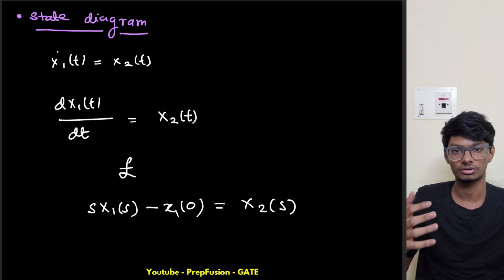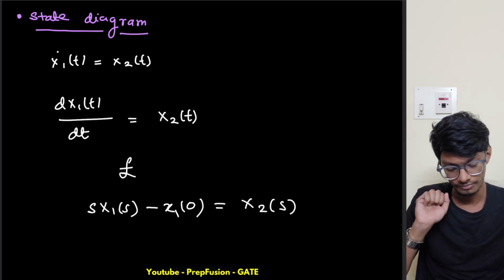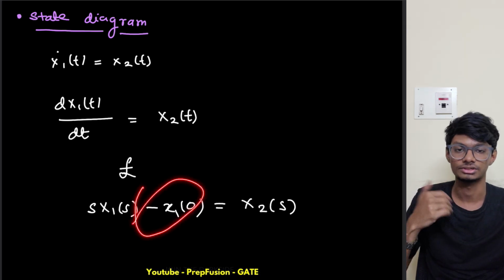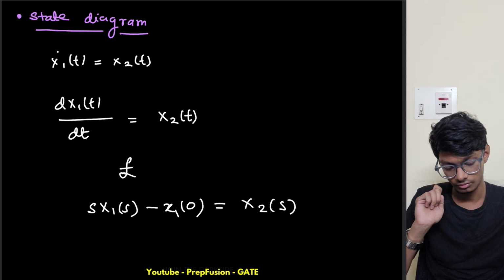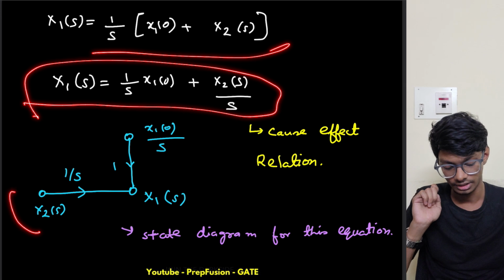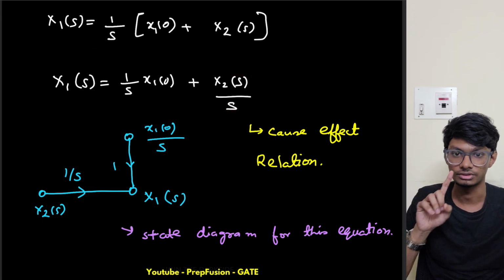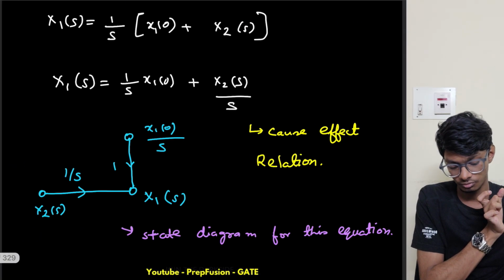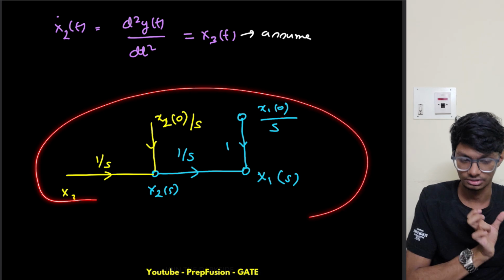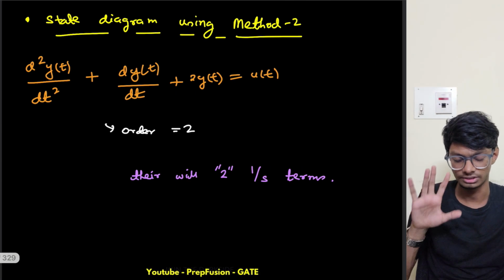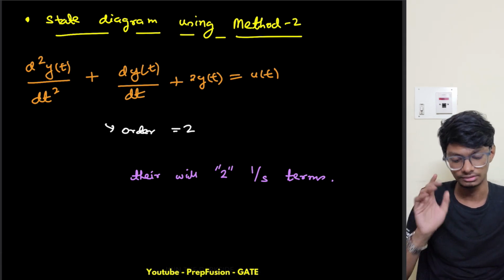This will be taught to you in signals and systems, but for now, just understand we will have an initial value. Our equation will be like this, a cause-effect relation. From there we'll draw the SFG for that particular equation, and this is the building block. From here we'll build this equation, and from here we'll build our whole equation. These things I've already explained to you very clearly.